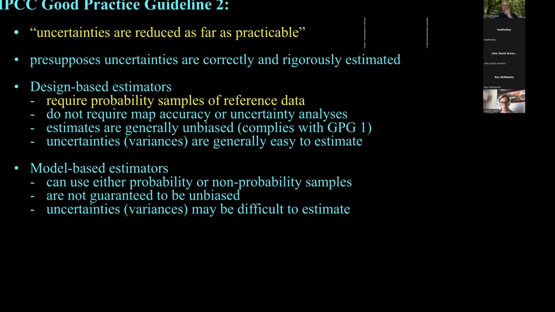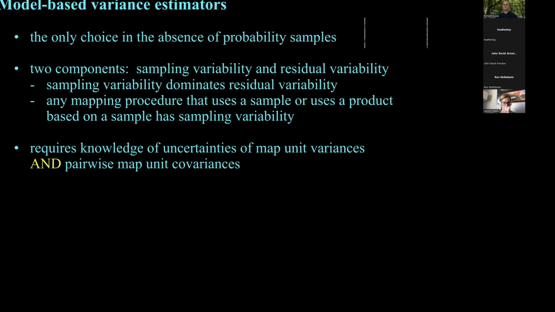The price you pay for that flexibility is that model-based estimators are not guaranteed to be unbiased. It doesn't even mean that on average you're going to get the right value. Now, if you have a good sample and a good estimator, it's probably going to work out fairly well. The other thing about model-based estimators is that uncertainties, or variances, may be very difficult to estimate because there are so many issues involved.